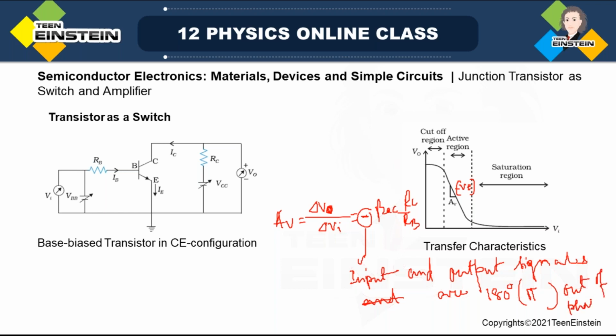They are actually in opposite phase. In simple language, input and output are in opposite phase. That's why the minus sign is coming over here.